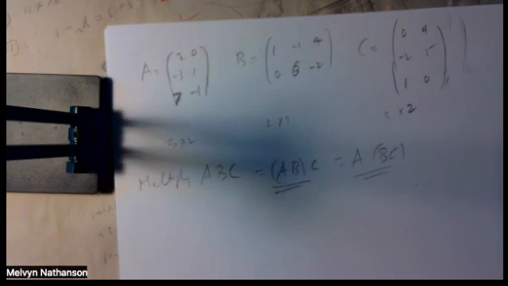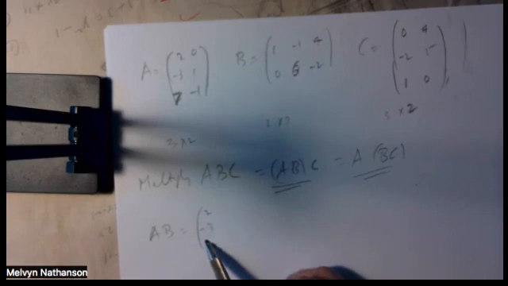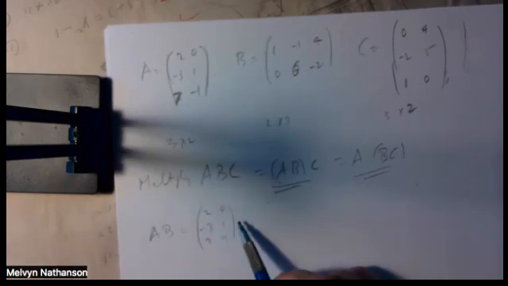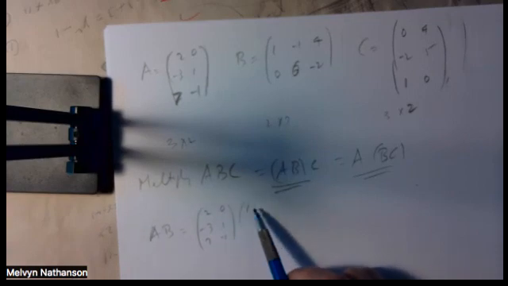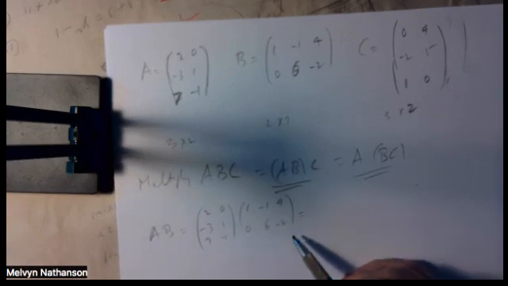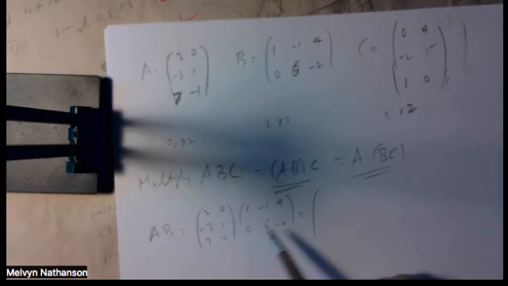So let's take some pencil and paper. Let's see if I can do it. What is AB? AB is 2, minus 3, 7, 0, 1, minus 1, times B, which is 1, minus 1, 4, 0, 6, minus 2. So when I multiply, this is 3 by 2 times 2 by 3.